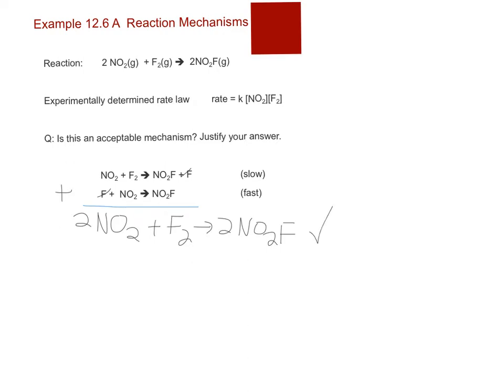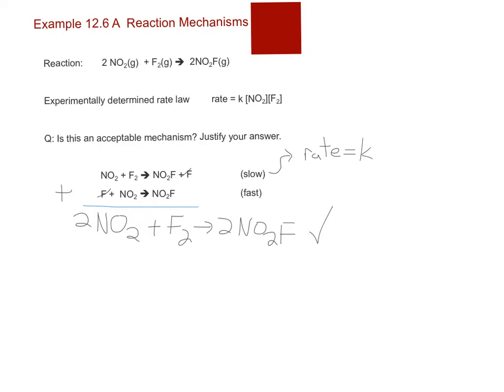So my first criteria checks out. This balanced equation matches. The second criteria is the rate of the slow step needs to match the experimental rate. And they're two separate things. So my slow step, my mechanism rate, has to do with the molecularity, which we said was the collisions.